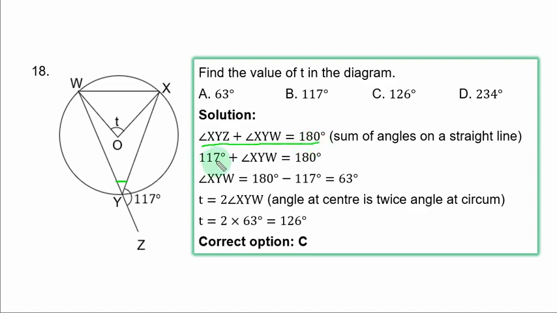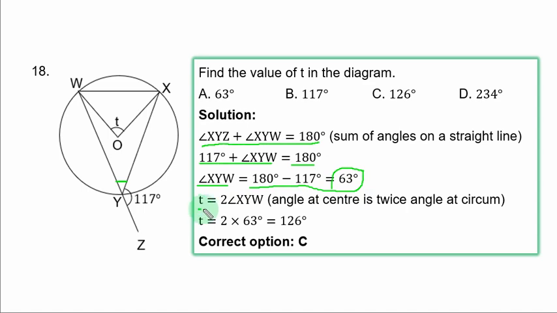SYZ is 117 degrees plus angle SYW equal to 180 degrees. To get angle SYW, you transfer 117 to the right hand side and you have 180 degrees minus 117 degrees, and that is 63 degrees.